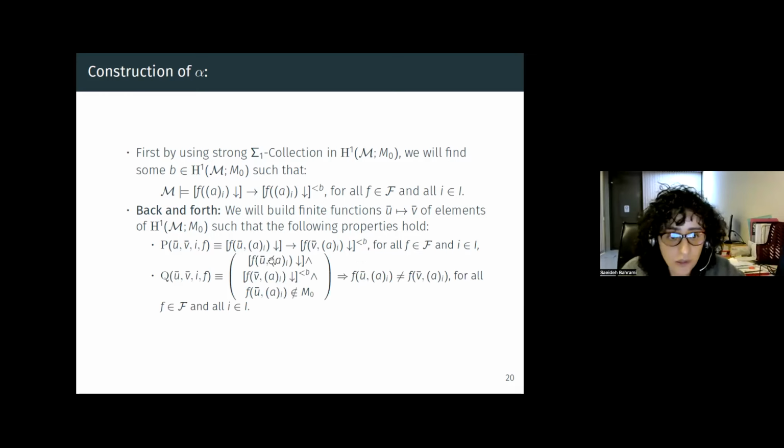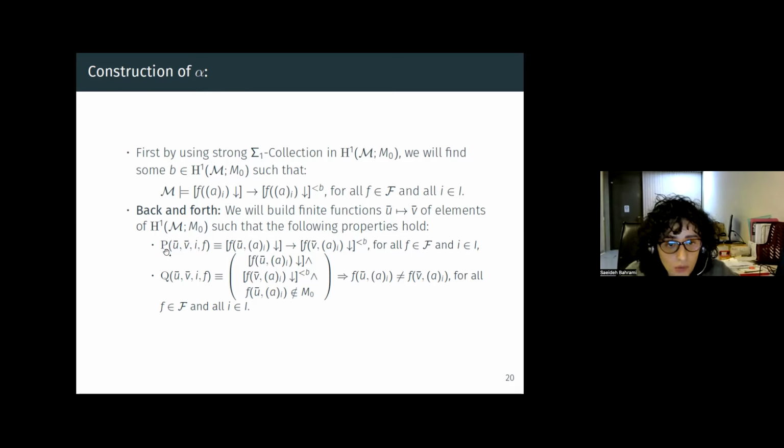So we need another property which guarantees that any element which is not in M0 wouldn't be fixed. The image of any element which is not in M0 by alpha would not be equal to that element.